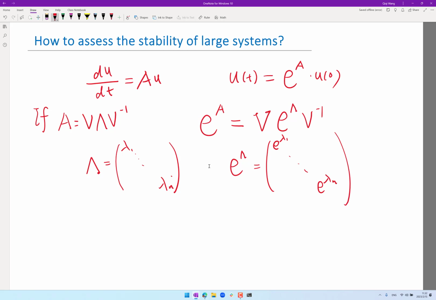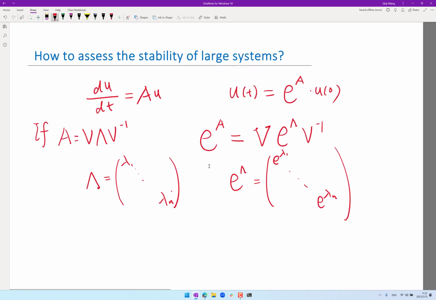Yes? The equation u equals e raised to the power of A is a function of time, right? Oh, it's a function of time. Yeah, sorry, there is a time in this.